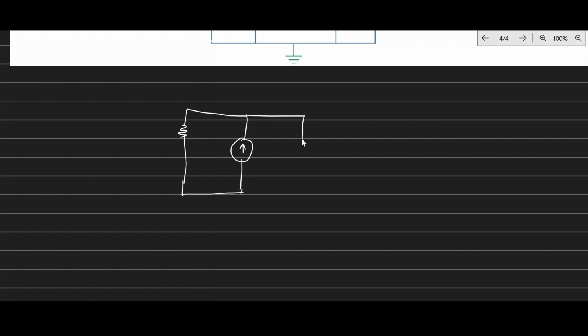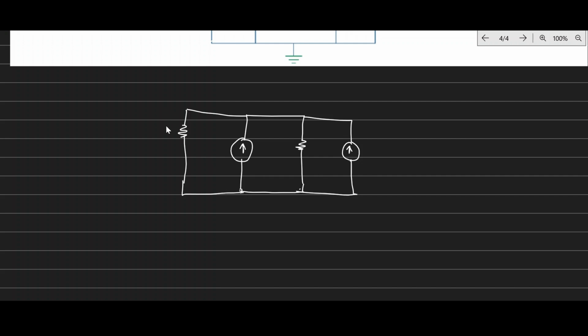Again, we have the resistor here, and then we have another current source. All these are connected to the ground, 0 volts.